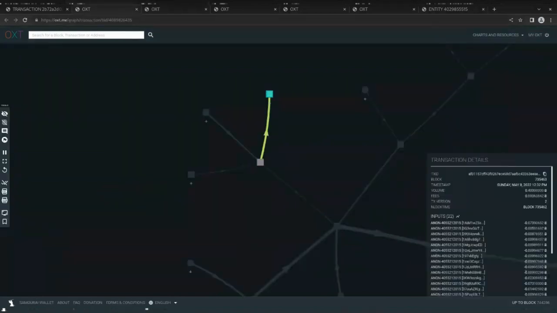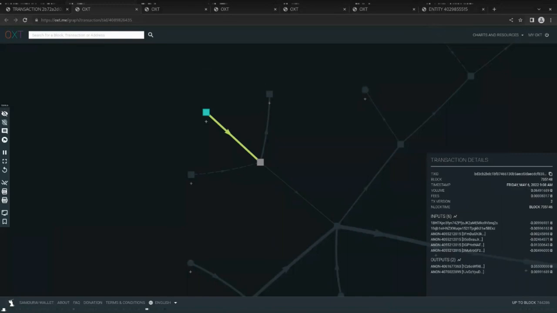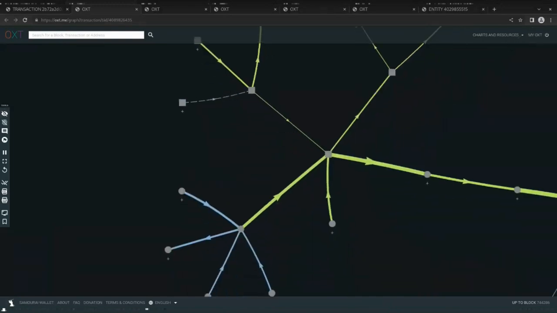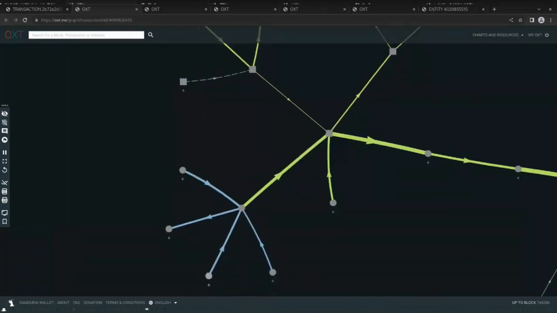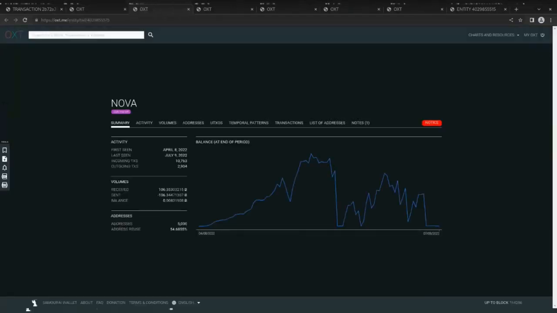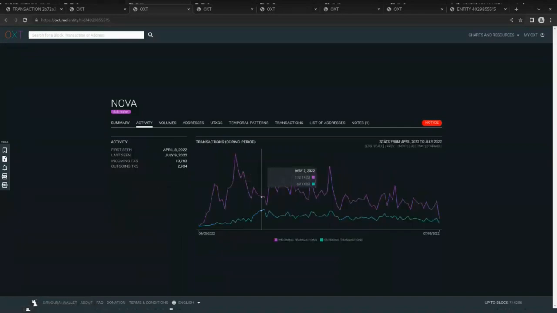And if we come back to our graph and we look at NOVA, we might be able to compare some of that and make some assumptions about this entity as well. So if we look at NOVA's activity, again, many more incoming transactions to outgoing transactions.